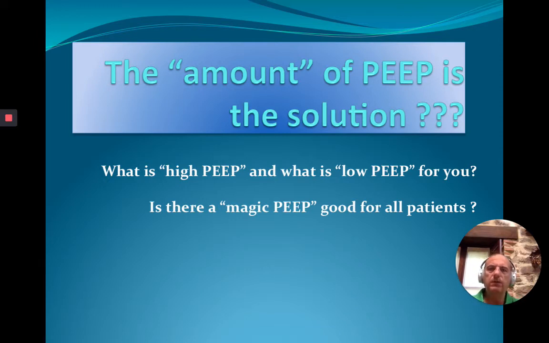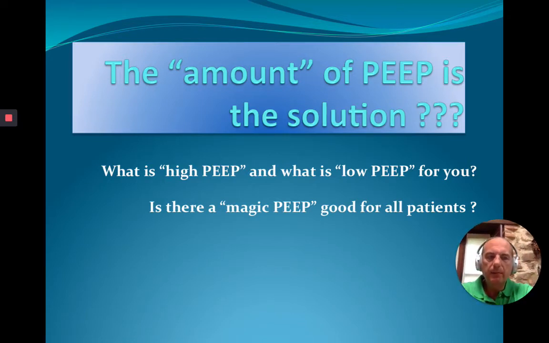Why a wrong concept? It's simple. Put together a neonatologist, a pediatric anesthesiologist, an adult anesthesiologist, and an intensivist, especially from the point of view of the open lung approach. If I ask a neonatologist what is high PEEP for you, they're going to say, oh, never ever more than 5.